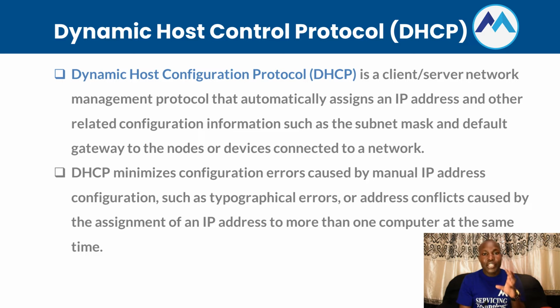The DHCP server maintains a pool of IP addresses and leases an address to any DHCP-enabled client when it starts up on the network. Because the IP addresses are dynamic rather than static, addresses that are no longer in use are automatically returned to the pool for reallocation.